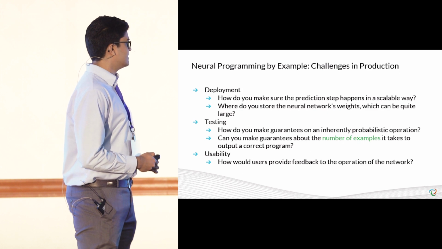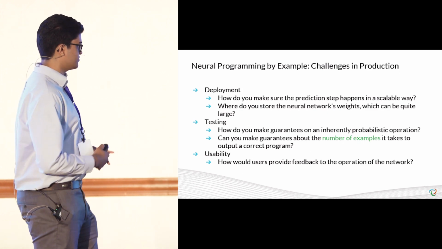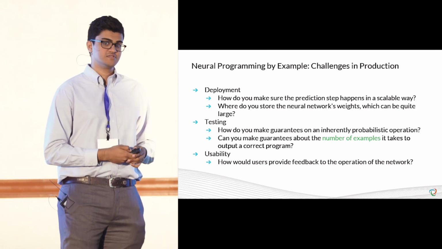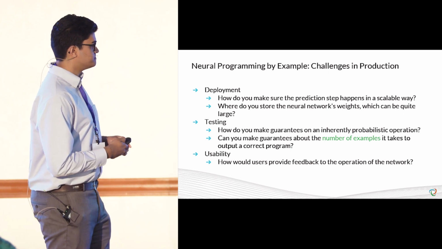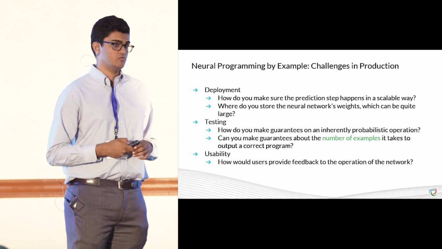Another really fun thing that we've run into with deploying other neural networks is how do we do it in users' browsers in a way that's scalable, performant, and doesn't slow down their machine too much? How do you make sure the prediction step happens in a scalable way?